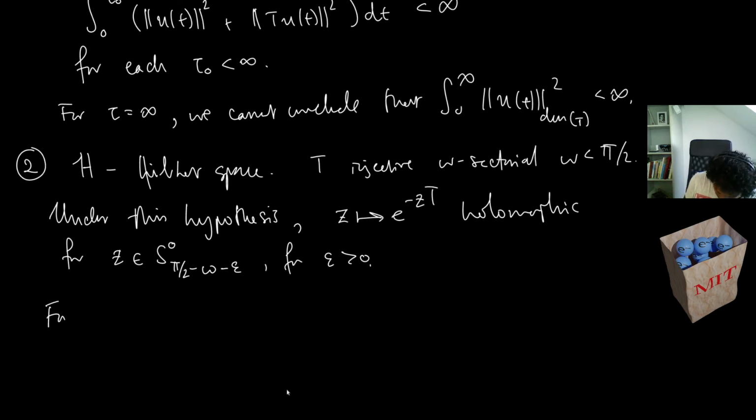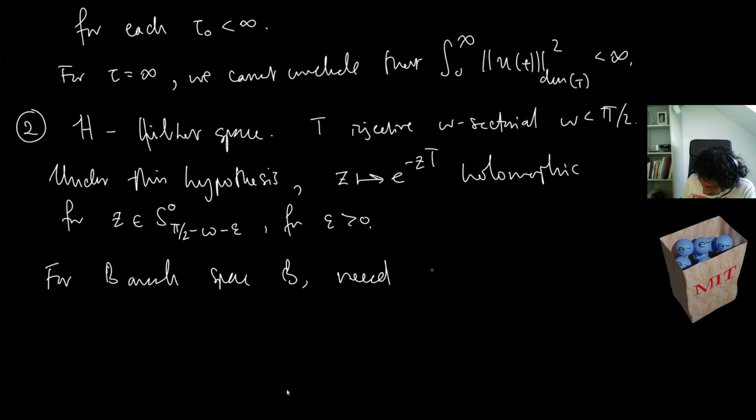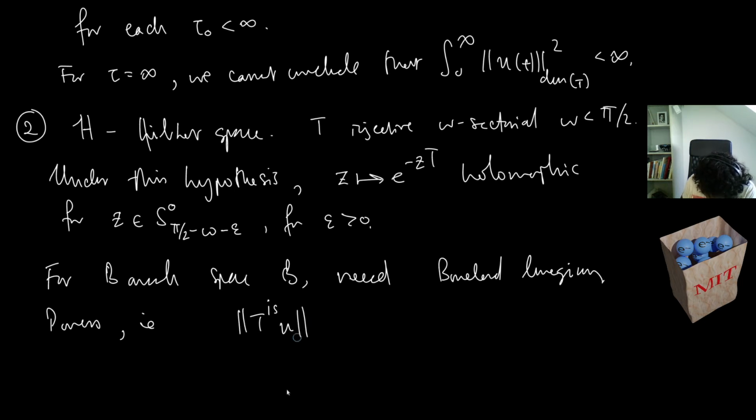However, for a Banach space, we need, as I said before, these so-called bounded imaginary powers. That is, we need the norm of t to the is to be bounded by some constant, which I think I called k, times e to the modulus of s times theta.